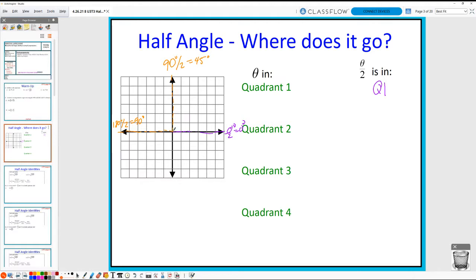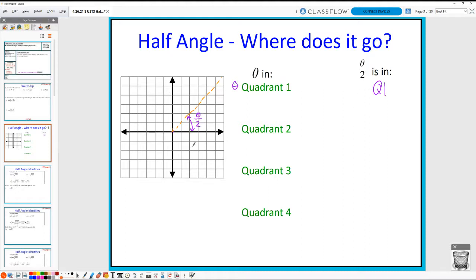If I have anything in the first quadrant, if I divide that by 2, it ends up in this range, right? 0 to 45. This is if my theta was in quadrant 1.